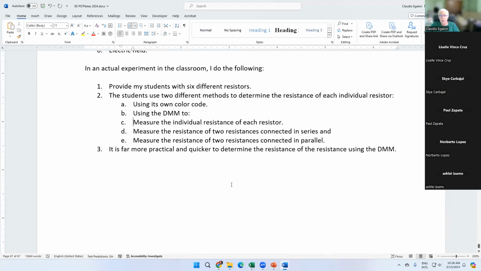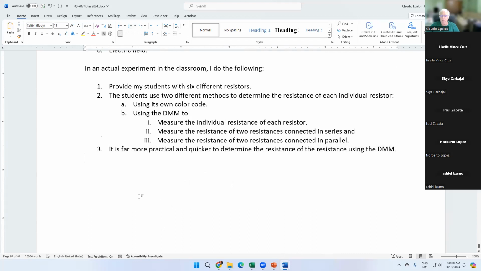Using the DMM, they measure the individual resistance of each resistor, the resistance of two resistors connected in series, and the resistance of two resistors connected in parallel. It's far more practical and quicker using the DMM. And that's what we're going to do today.